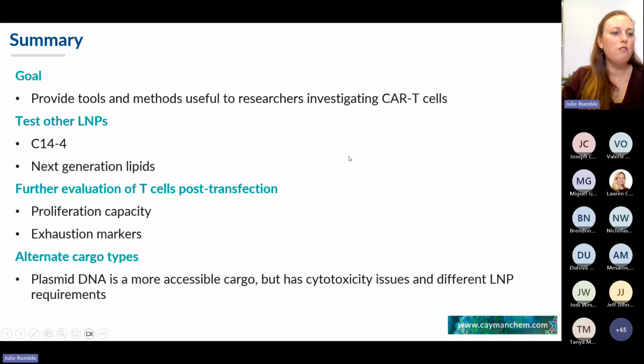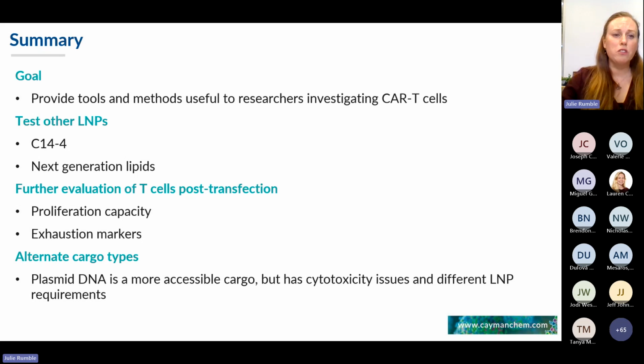So the goal of the work that we did here was to develop and provide tools and methods that will be useful to researchers who are investigating CAR T cells. The next steps that we would like to look into are to test other LNPs in the purified T cell workflow, such as C14-4, and then also the next generation of lipids like lipid 29 and C14-02 that Dawn mentioned earlier.